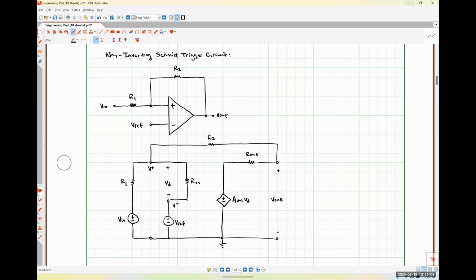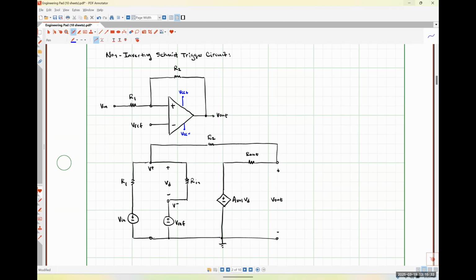And then everything that's connected to that network are the external biasing things for the op-amp itself. Just for what it's worth, because I didn't actually write these on here, I'm going to make a note. Here's VCC plus, and here is VCC minus, which are our constraints for the maximum possible output voltage and the most negative output voltage as well.